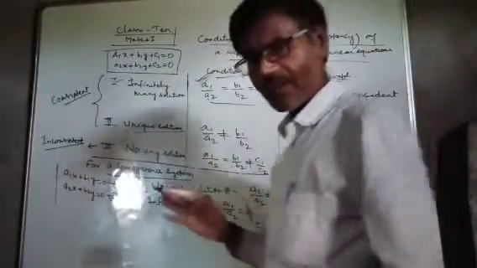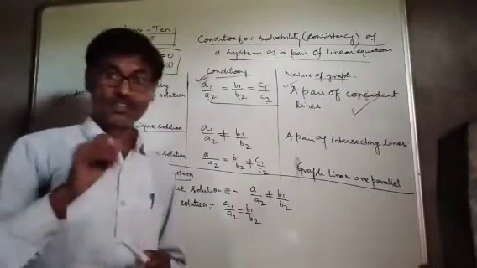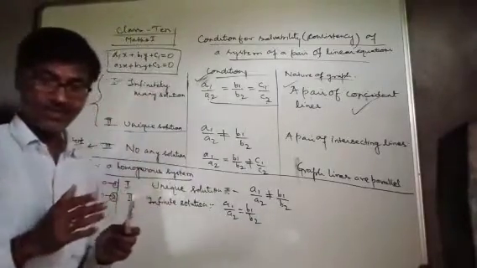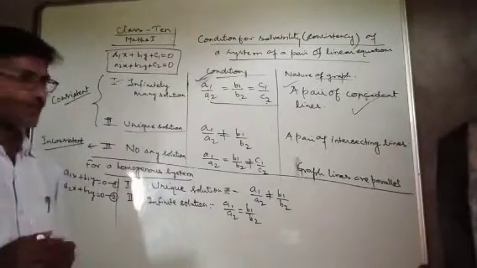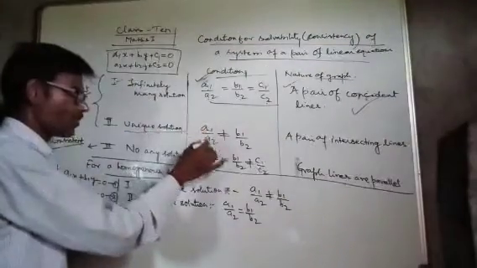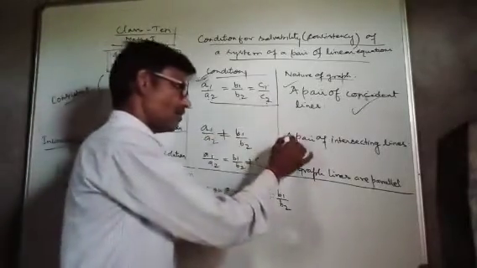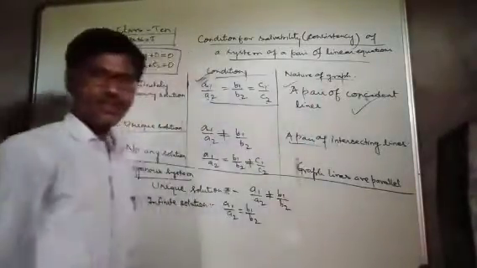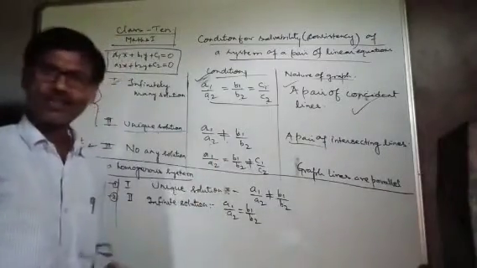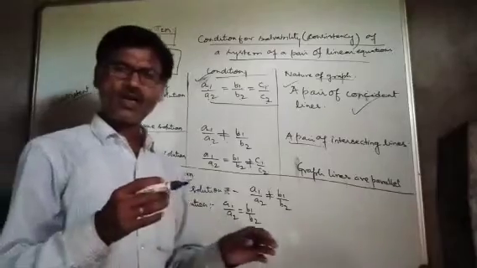Means the two graph lines have one point in common. They are intersecting. Okay? For unique solution, condition is a1 upon a2 not equal to b1 upon b2. And the graph is a pair of intersecting lines. Two graph lines are intersecting.